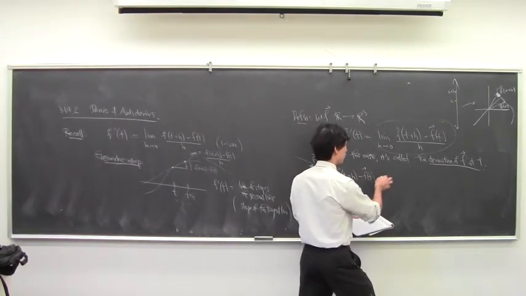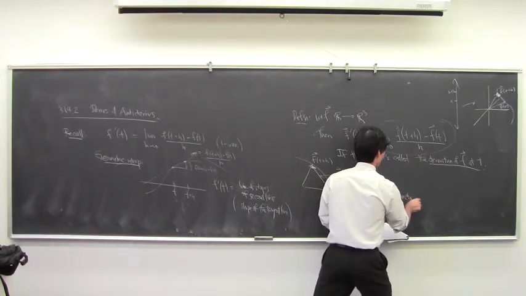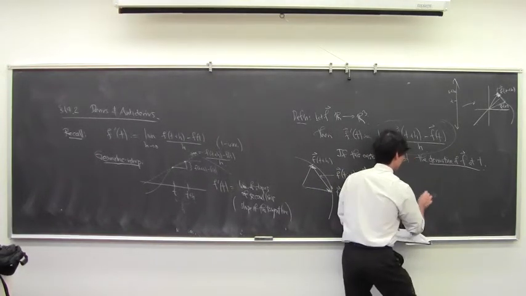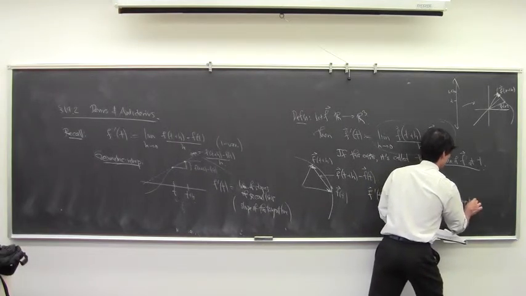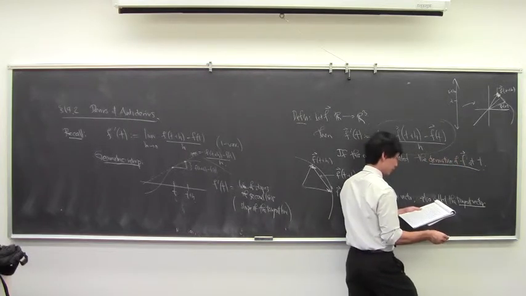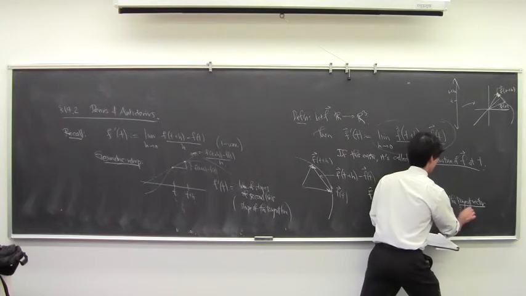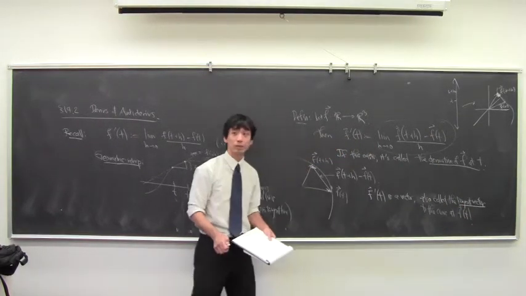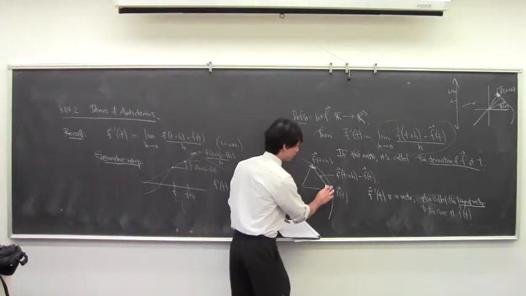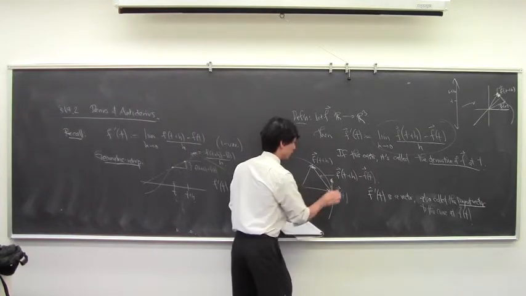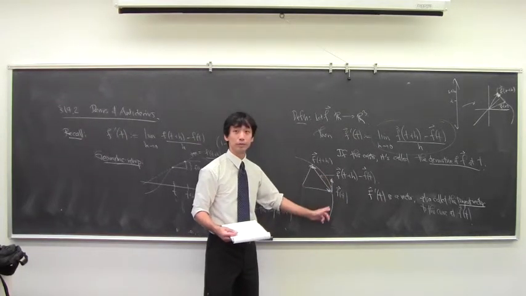So f prime t is a vector, also called the tangent vector to the curve at f of t. Because you have this curve that's described by your function, and you're going to end up with some vector that is tangent to the curve.